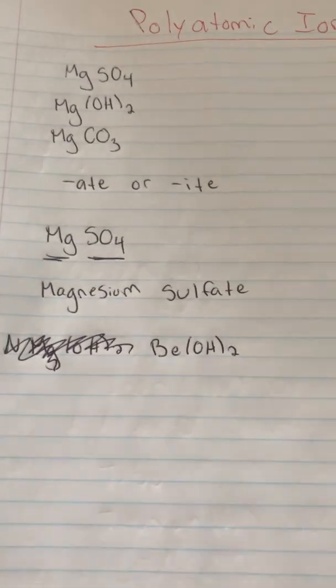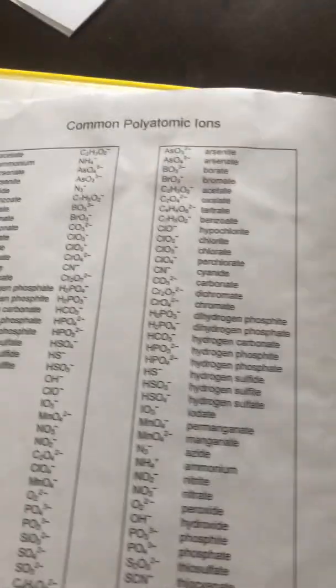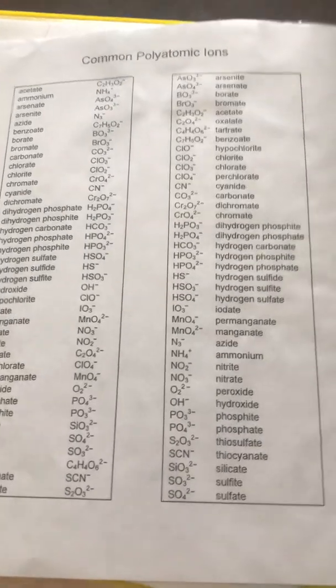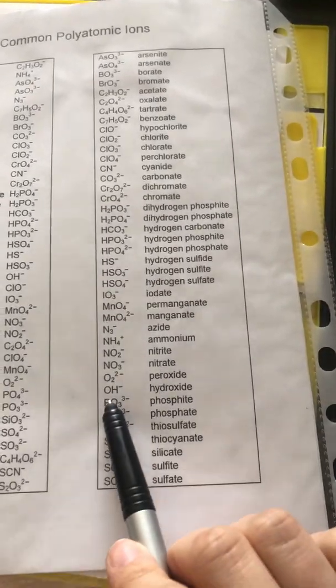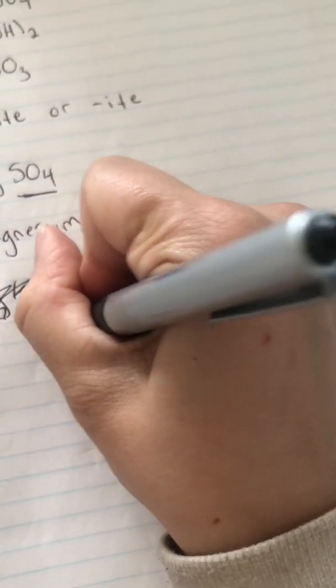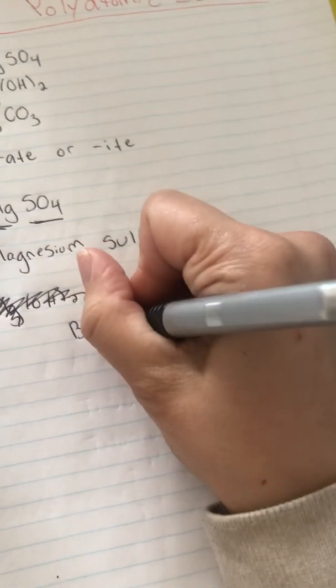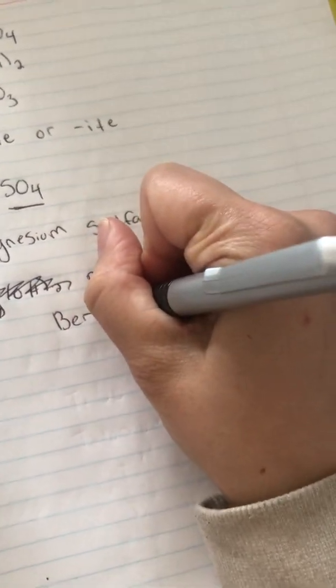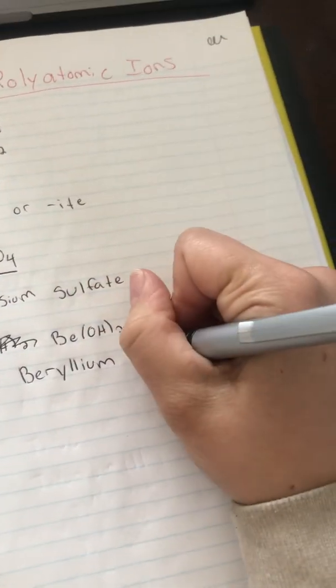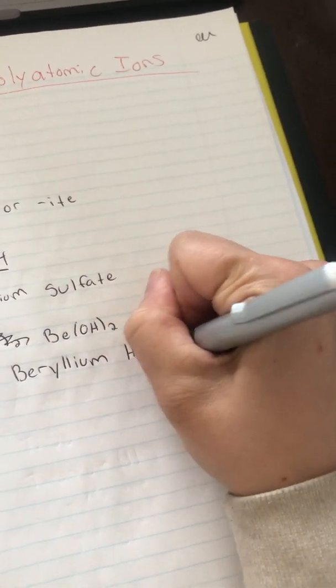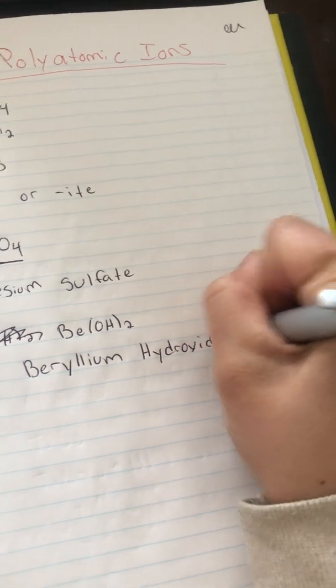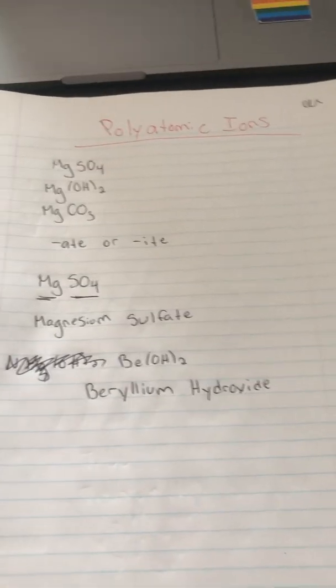OH is not a periodic table element. It's going to be on our common polyatomic ions. OH is right here, and it's called hydroxide. So it's going to be beryllium hydroxide, just like that.